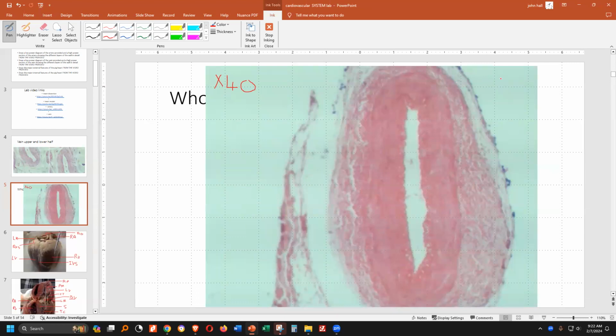Now, here is how the layers go. You have tunica externa, right? You see it's a lighter color. Then we have longitudinal muscle and circular muscle.